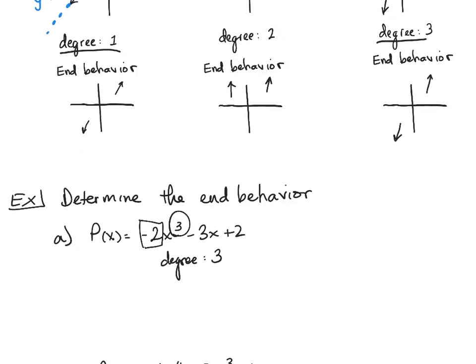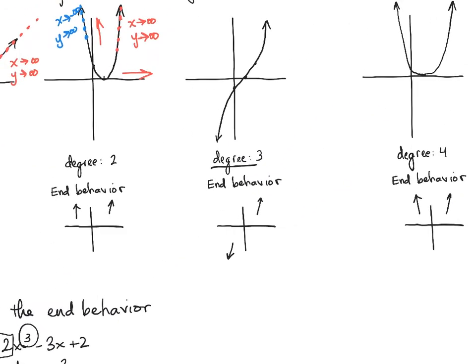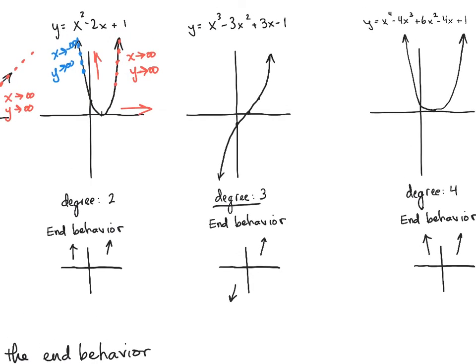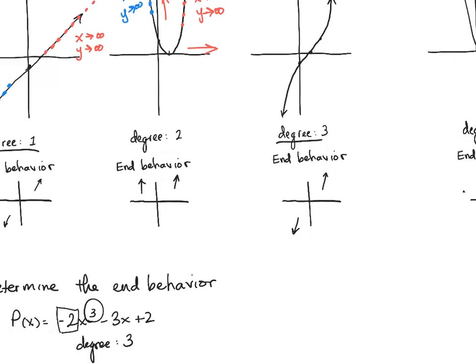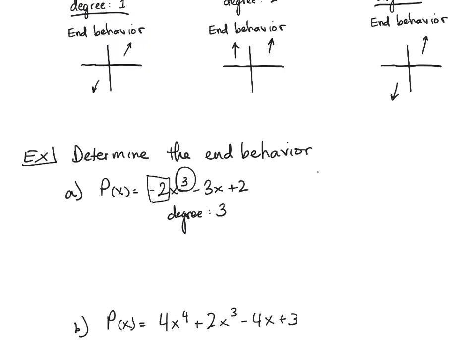So a third degree polynomial has a graph that looks similar to this with end behavior, but the end behavior is going to switch from this because we have a negative leading coefficient. And so coming back here, rather than graphing the entire graph, I like just to have a picture of what the end behavior would look like.